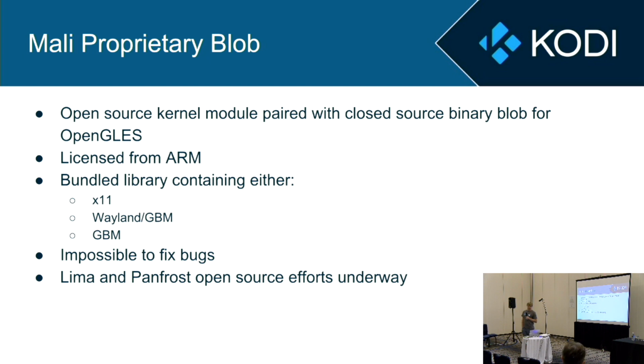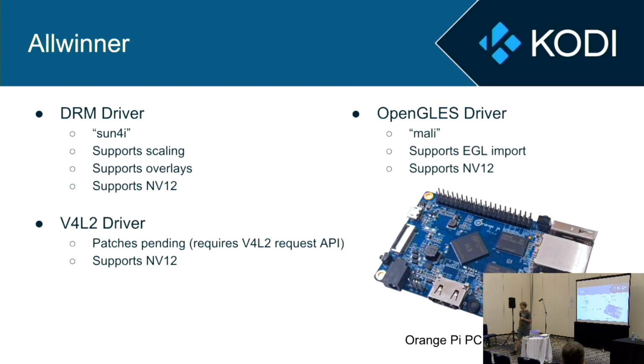So now just some board-specific stuff I'll run through. I think there's 5 or 6 different SoCs here, and the varying layers of support that we have for them. So with Allwinner, a lot of people have probably seen the recent fundraiser that they did with Bootlin to do the V4L2 driver for Allwinner hardware, and that is basically done now.